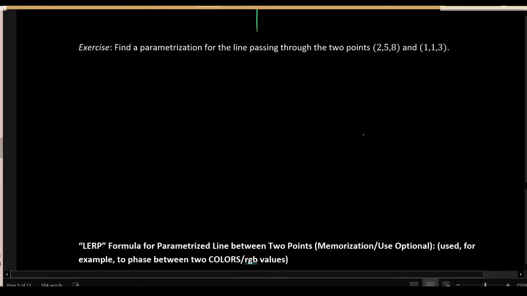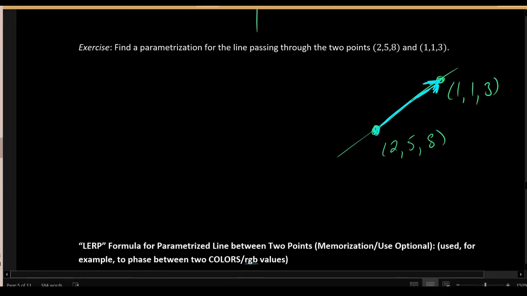Now, if a line passes through those 2 points, which I'm just sketching in very rough terms over here on the right side, then a vector which points in the same direction as the line can be found by calculating the vector stretching from the first given point to the second given point.